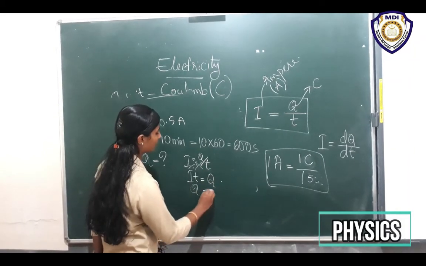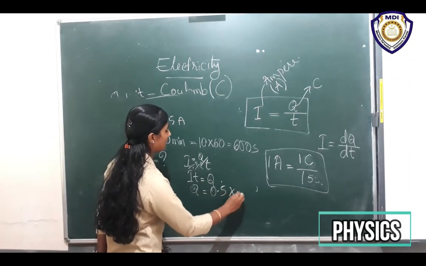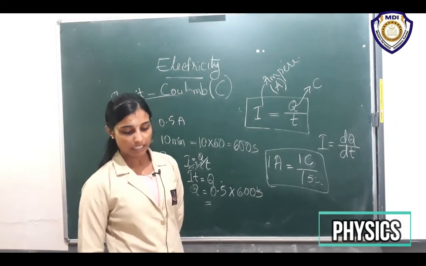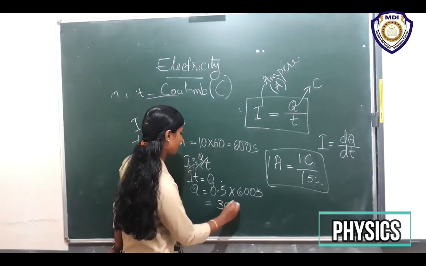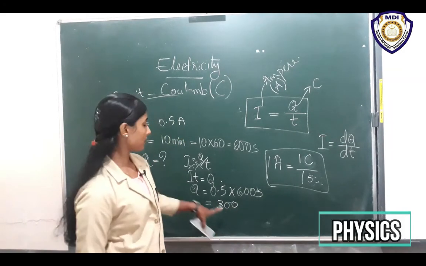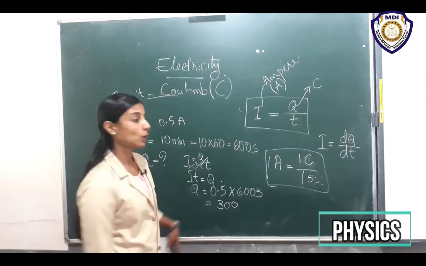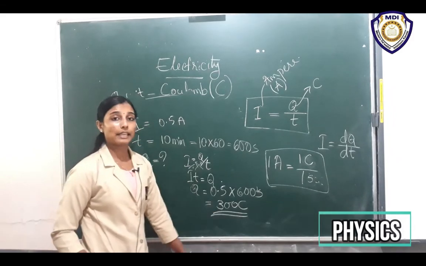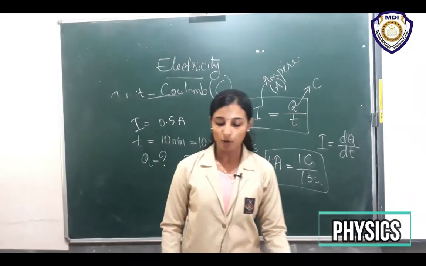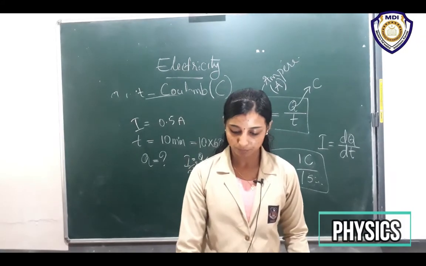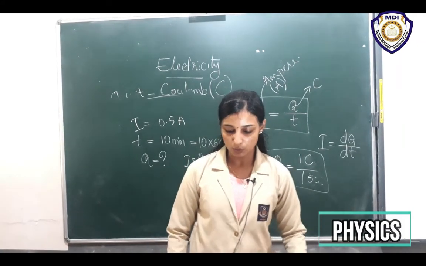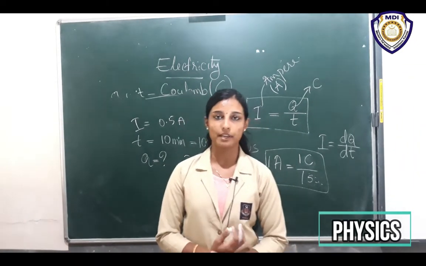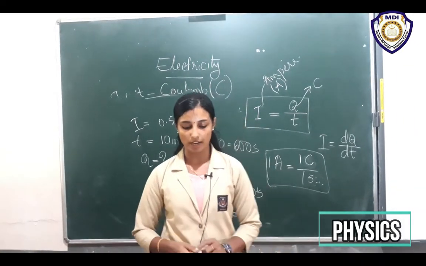I we have 0.5 and T we have 600 seconds. So what will be the answer? It is 300. What is the unit of this Q? 300 coulomb, the SI unit of charge. So we get 300 coulomb of charge flowing through the circuit to constitute a current of 0.5 ampere. So that is the question.